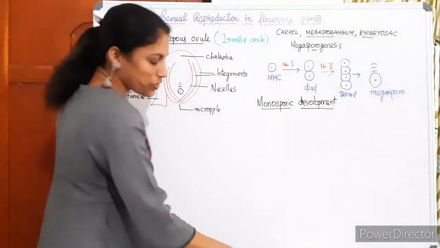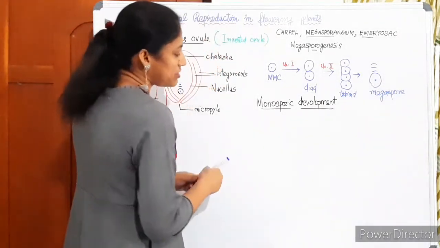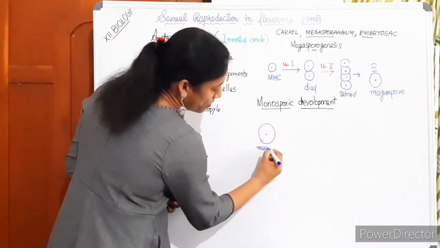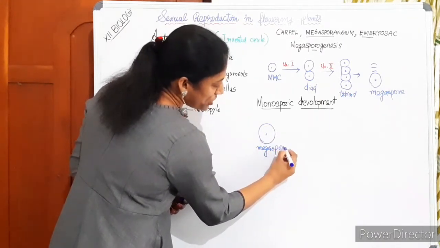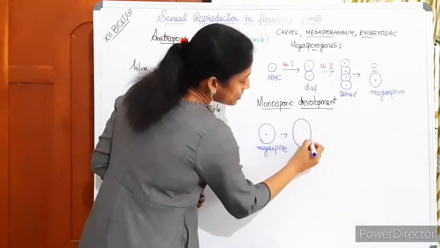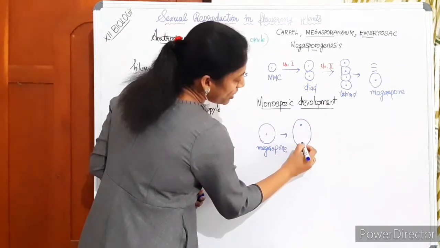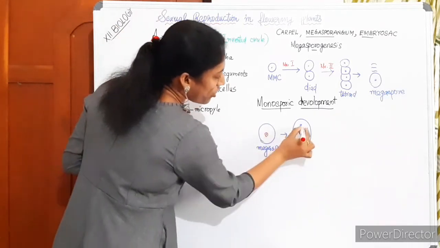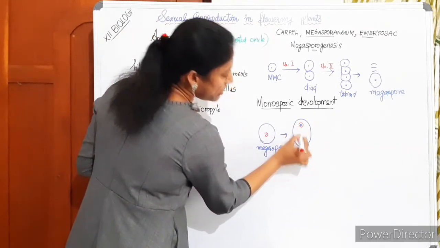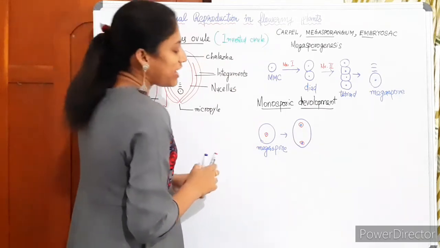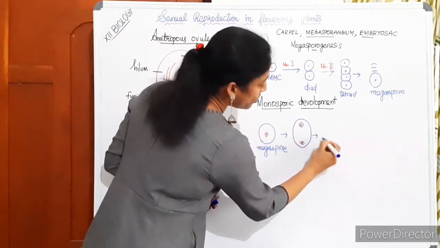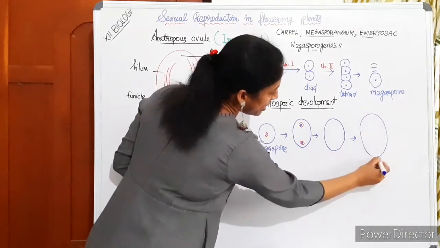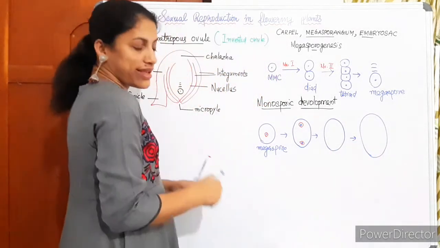In monosporic development, what happens is the single functional megaspore, this is not the megaspore mother cell, this is a megaspore. Its nucleus only divides to form a two nucleated cell. Okay, first it forms a two nucleated cell, and again its nucleus undergoes repeated division to form 4 nucleated, 8 nucleated cells like this.